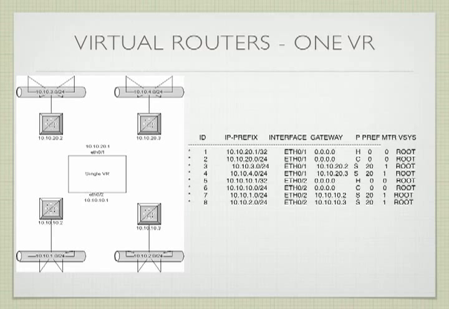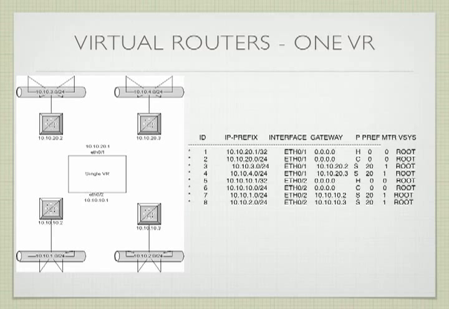So here we can see that the first two routes, our ScreenOS device is configured at 10.10.20.1. So the first two routes here are the automatically created networks for the interface, 10.10.21/32 and the subnet 10.10.0/24 for Ethernet 0/1. They have no gateway, and you can see that because they're on the device itself.